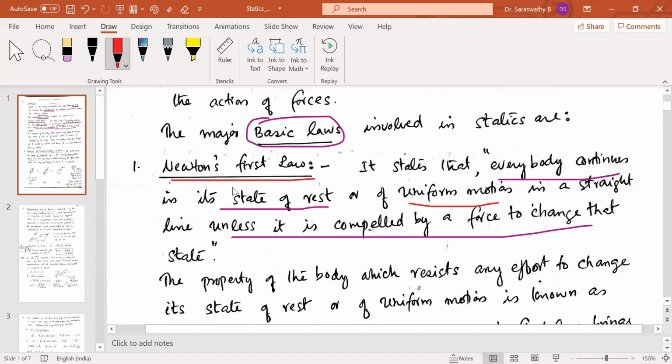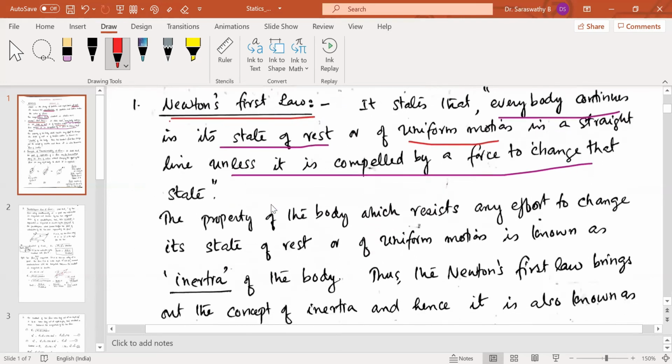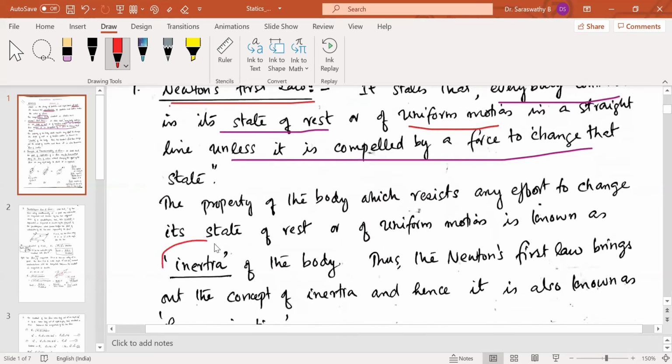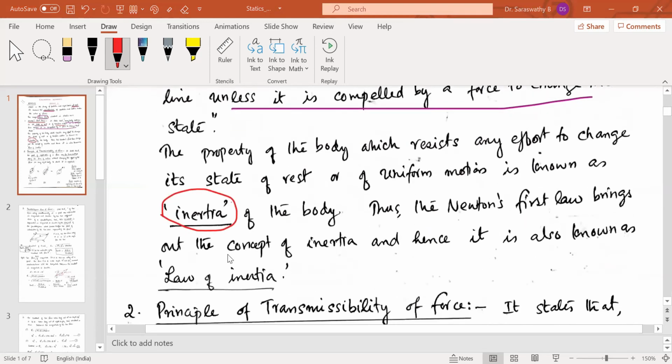So here, in the state of rest, every body has the tendency to continue its position, and that property of a body is called inertia. You might have studied it earlier. So Newton's first law introduces the concept of inertia, and hence it is also known as the law of inertia. So that is the first one.